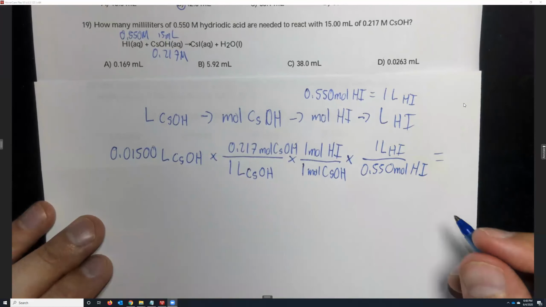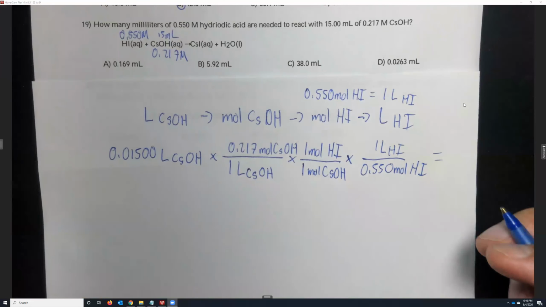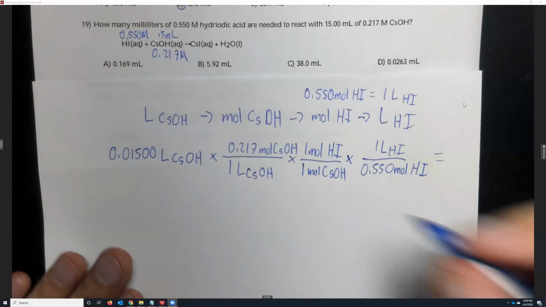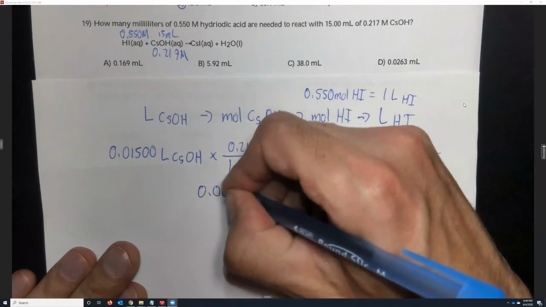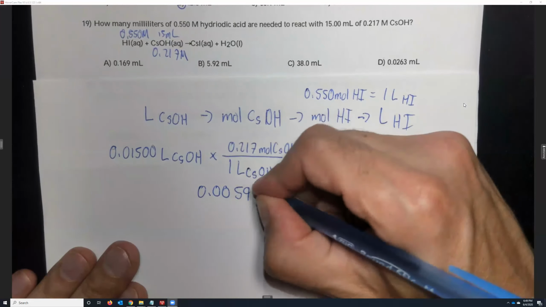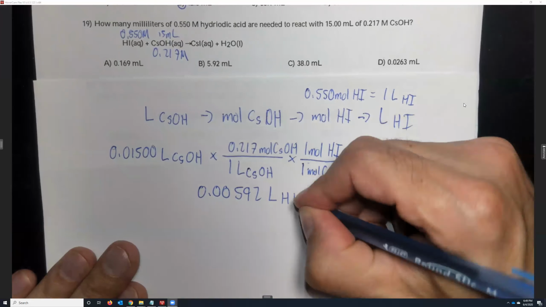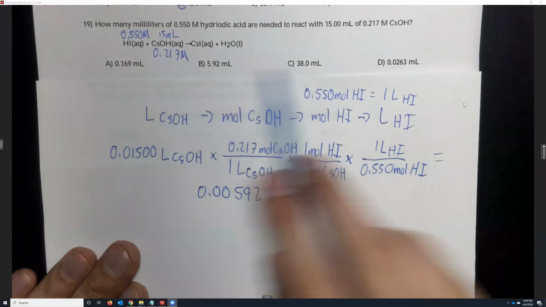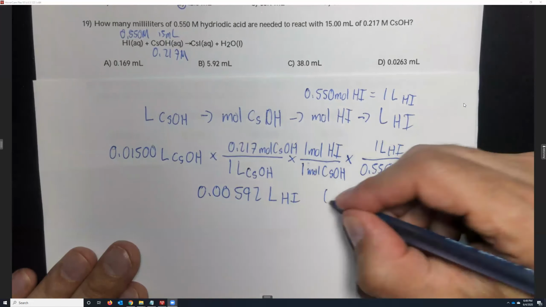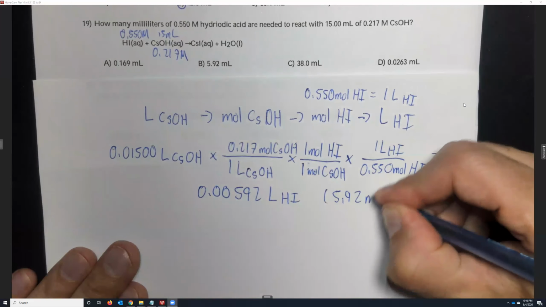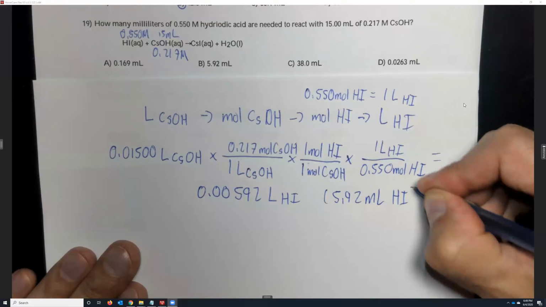And when you do all that math, you get a number, which is 0.00592 liters of HI. Answers are all in milliliters, so we have to multiply that by 1,000. That's 5.92 milliliters of HI.